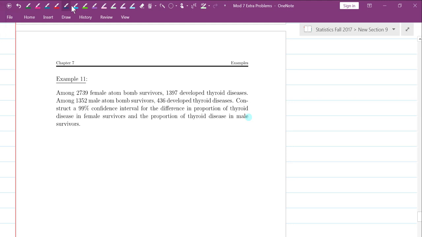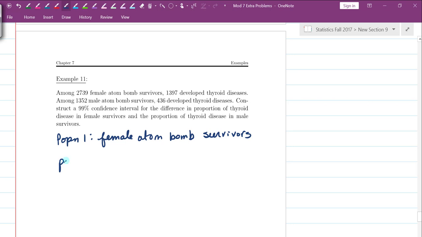I'm going to let population 1 be female atom bomb survivors, and we're going to let population 2 be male atom bomb survivors.